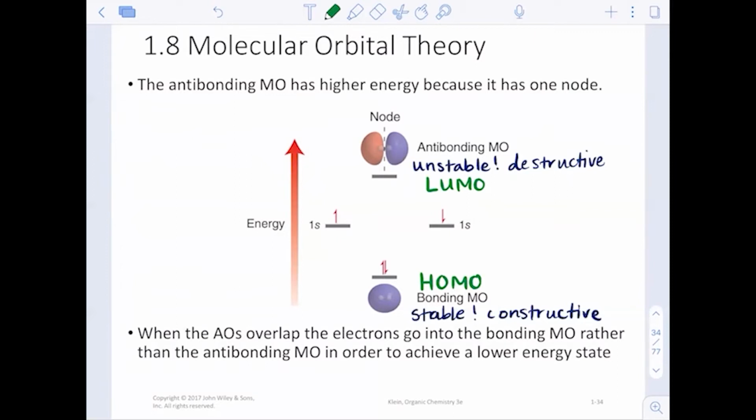The HOMO and the LUMO will be important for us when we start to think about ground state electrons. We want the HOMO to be filled and the LUMO to be unfilled. We'll do a lot more work with the HOMO and the LUMO next semester. I wanted to present it here so that you knew it has its place in molecular orbital theory.